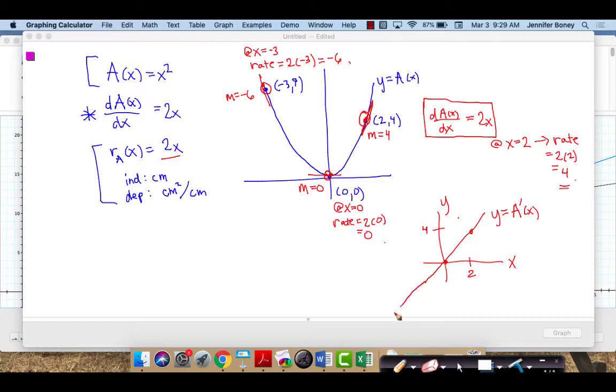If I were to go back to -3, I'd have a value of -9, and so forth. The y values, if I were to graph this separately, would indicate the same thing as the slopes on the original graph do. So there are different ways you can visualize what this is telling us.